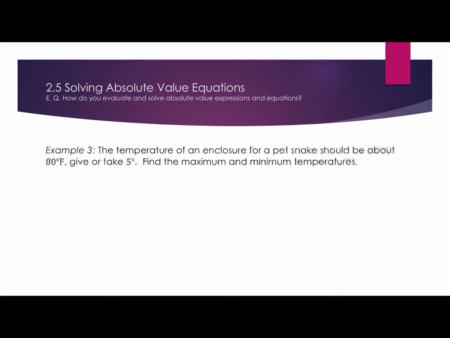All right, example 3. It says the temperature of an enclosure for a pet snake should be about 80 degrees Fahrenheit, give or take 5 degrees. Find the maximum and minimum temperatures. So if we know it should be 80 degrees Fahrenheit, it says give or take 5 degrees. So giving 5 degrees would be like adding 5.